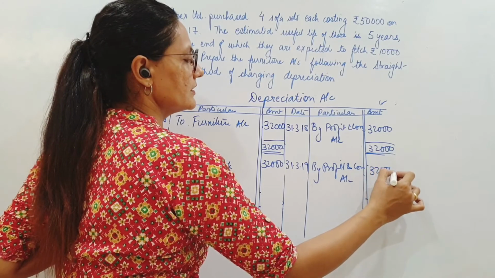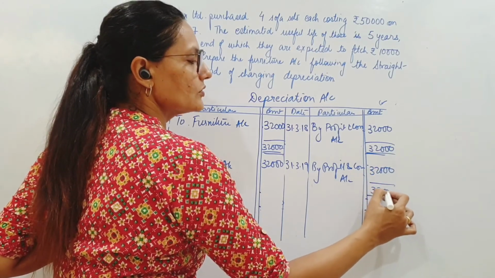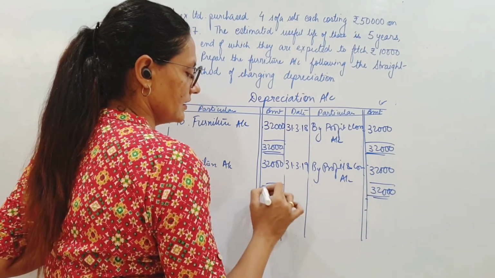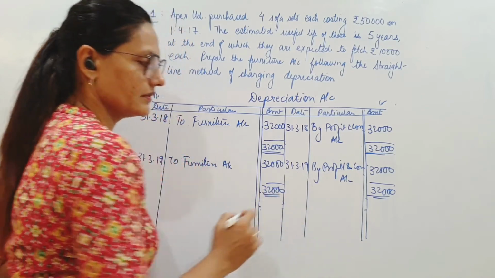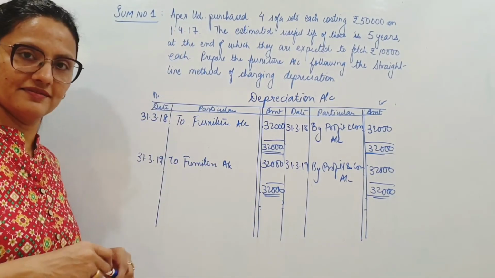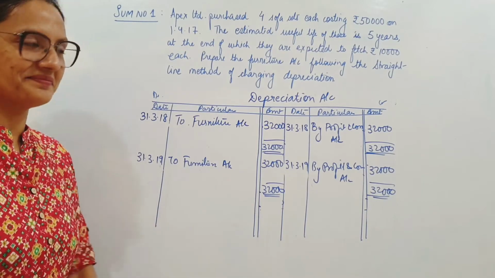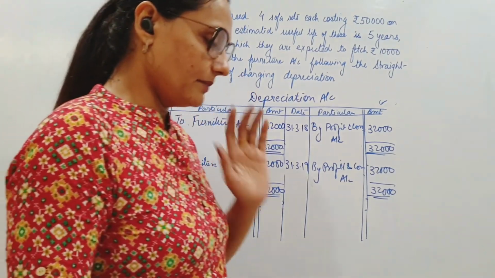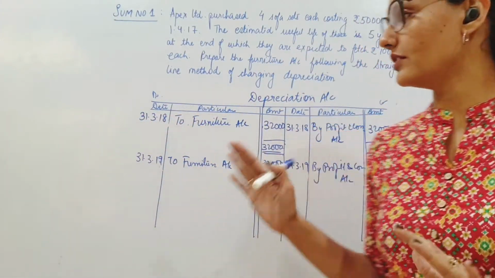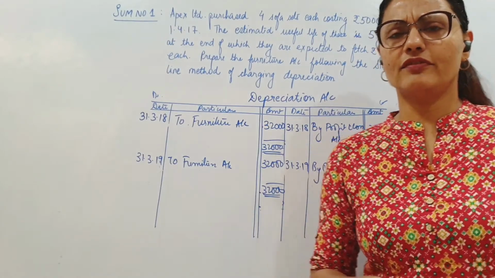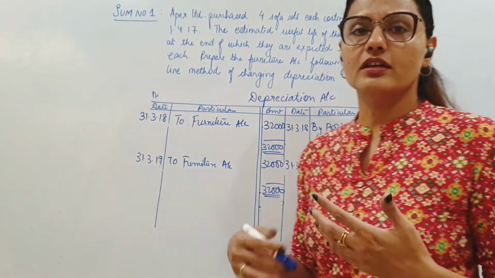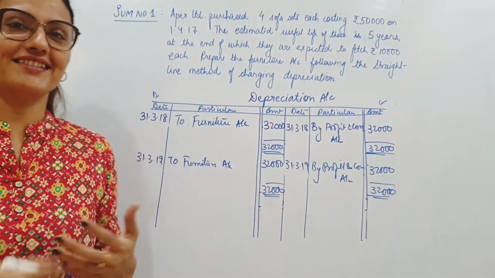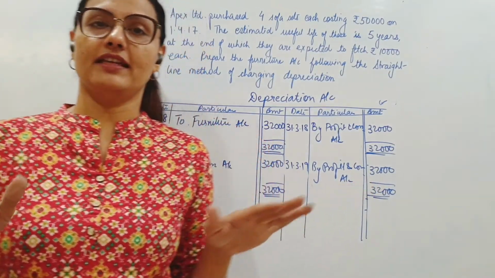Again, I transfer this 32,000 and I close this account for the year. Finished. Done? That simple. So this is again the basics, assets, depreciation account. Get this very basic of it so that when we move on to the complicated parts and calculations, we find ourselves in a better place.